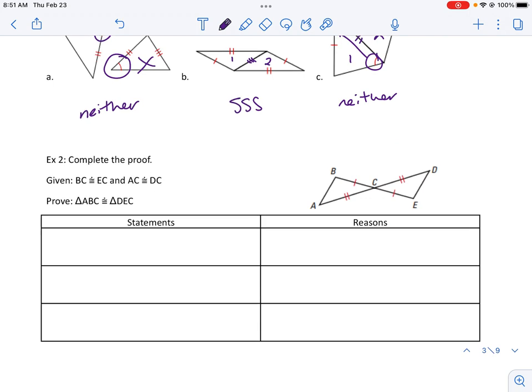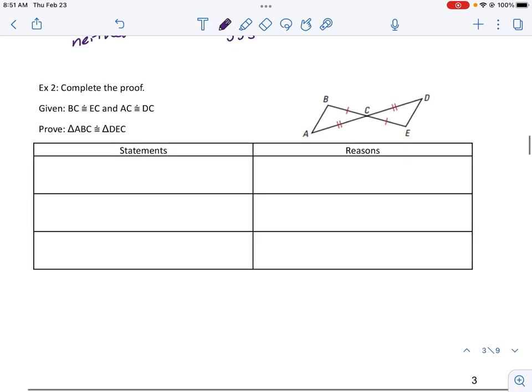All right, so on this proof, generally speaking, when we're talking about a proof, the first statement, we already know this because we've talked about this before, is our given. Generally speaking, I will give you a line for each given. In this situation, I forgot to, so I'm sorry.